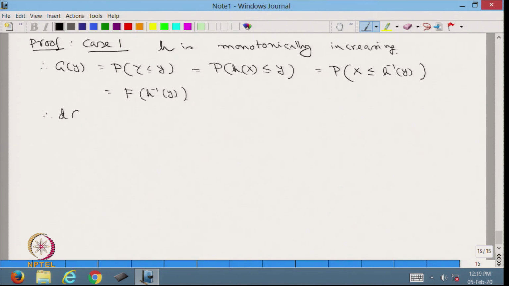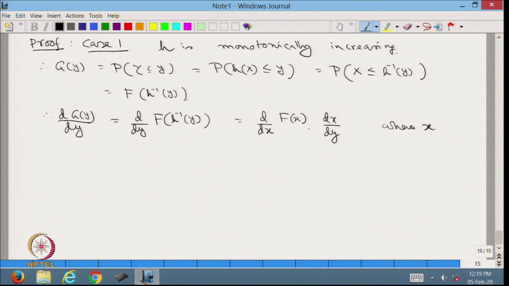Therefore, dg/dy is equal to d/dy of F of h inverse y, is equal to d/dx of F(x) multiplied by dx/dy, where x is equal to h inverse y, is equal to f(x) into dx/dy.